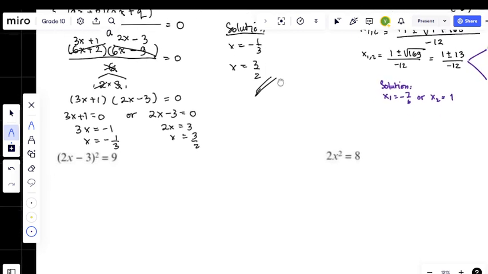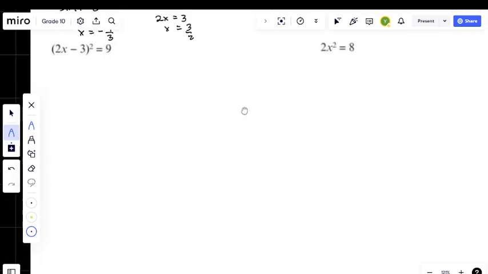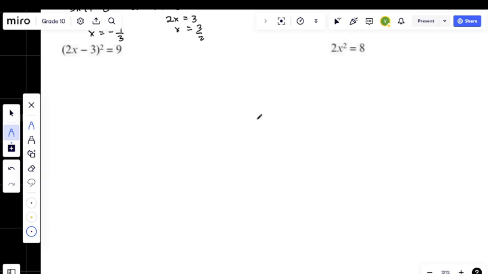Okay. Now, another example, another type of question. I chose this example to show you how to deal with it, because many students tend to make mistakes on this part. 2x minus 3 squared equals 9. Remember, when you have an expression like 2x minus 3 being squared, don't rush, jangan tergesa-gesa.